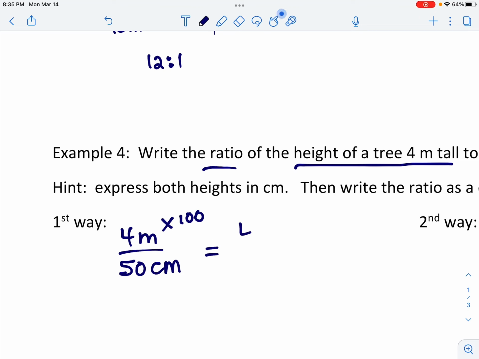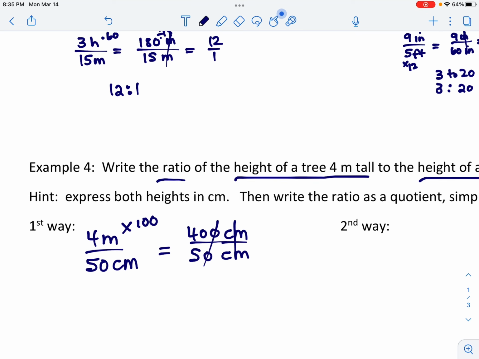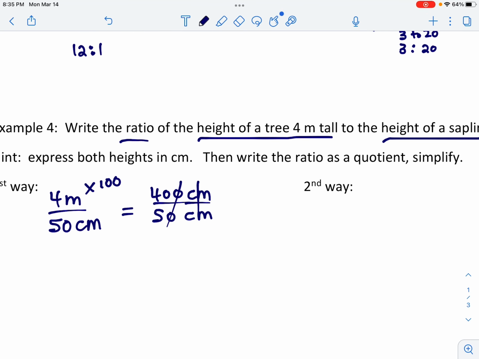So we can make that be 400 over 50. These are both centimeters now. My centimeters cancel. I can simplify my 400 over 50. Let's cancel out the zeros. I get 40 over 5. So that equals 8 over 1, or I can write it as 8 to 1.